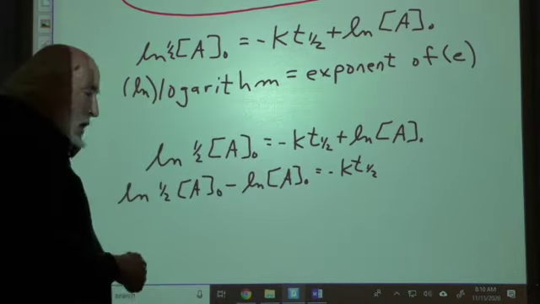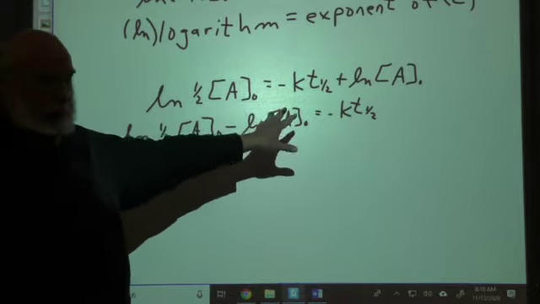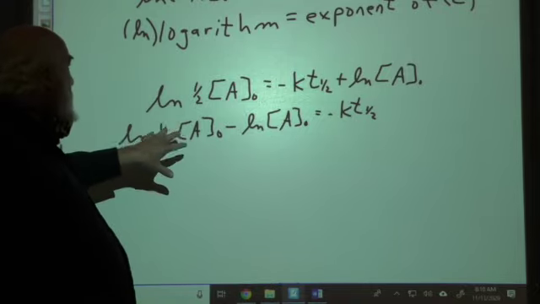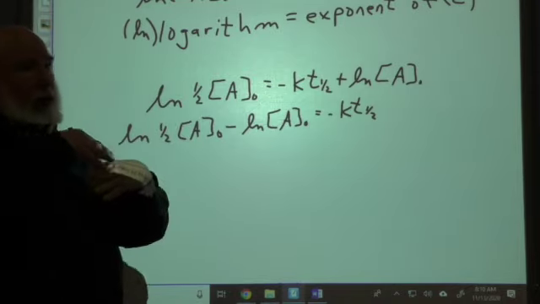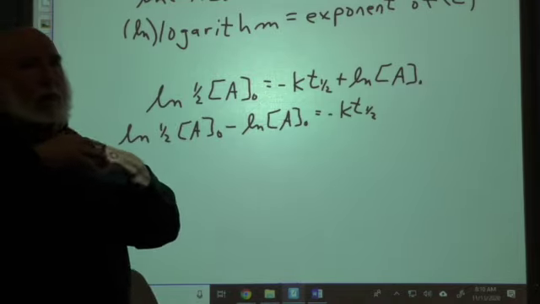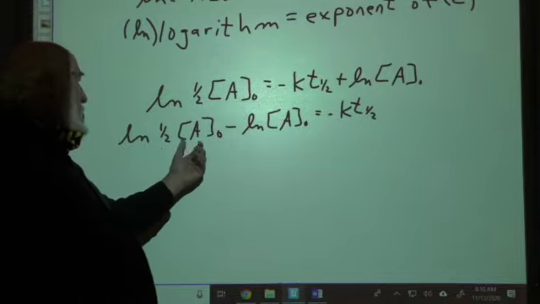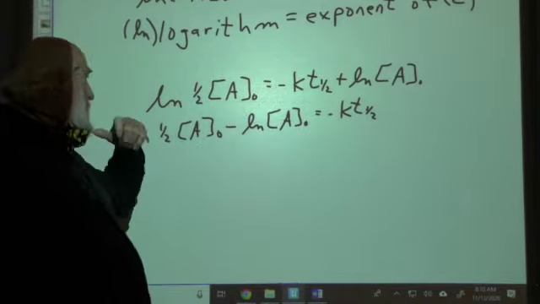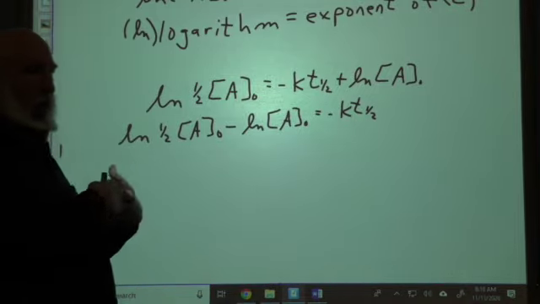Now, the reason why this becomes important is because logarithm means exponents, so when you subtract exponents, you're actually dividing the two quantities that have the same base. In other words, this is an exponent of e, this is an exponent of e, and when you subtract the exponents, you divide the quantities that have that same base.